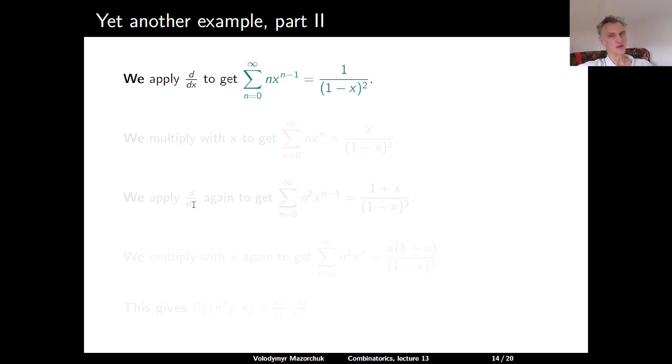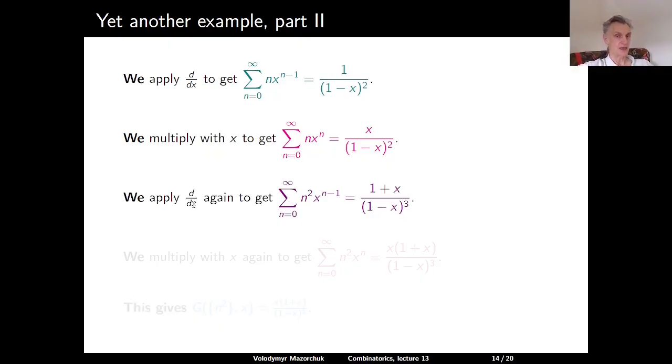So the right-hand side here is the derivative of 1 divided by 1 minus x. Now, in order to compensate that our exponent of x is 1 smaller, let's multiply with x, and we get that the sum over all n from 0 to infinity of n times x to the power n is equal to x divided by 1 minus x squared.